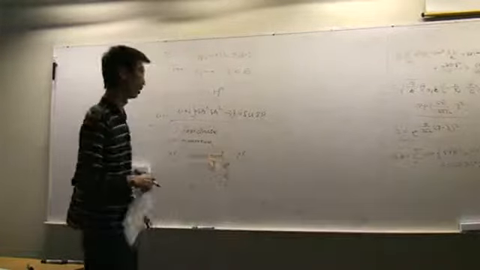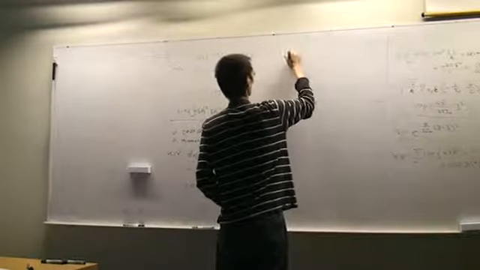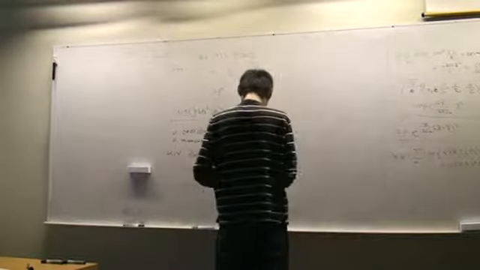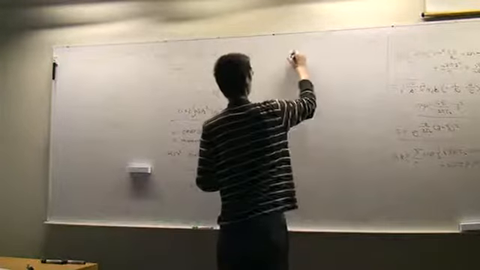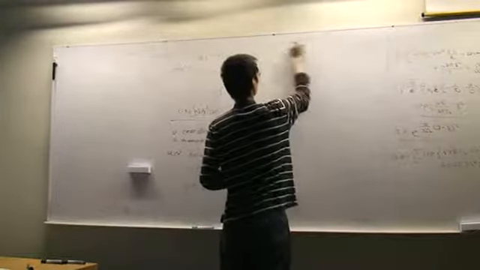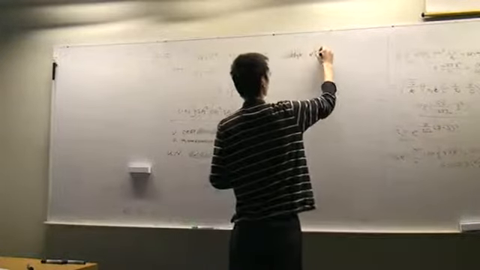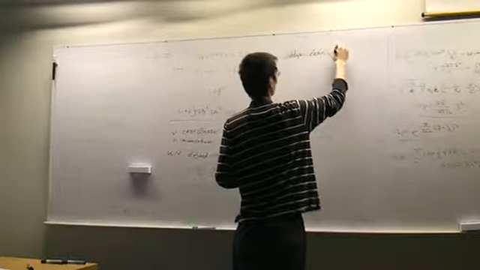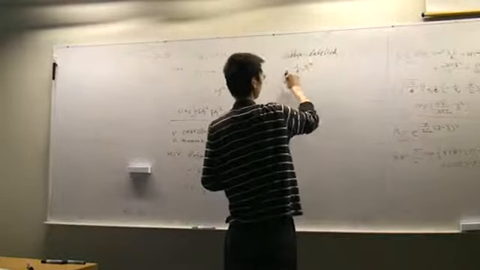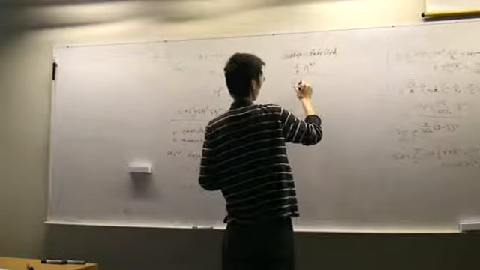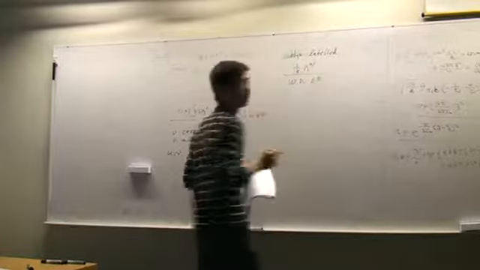So we get that the phase space is labeled by the following set: 1 over k times the weight lattice divided by the Weyl group semi-direct product with the root lattice.